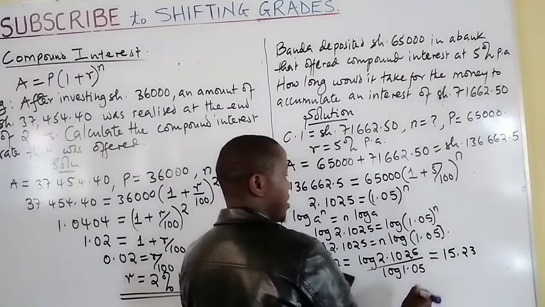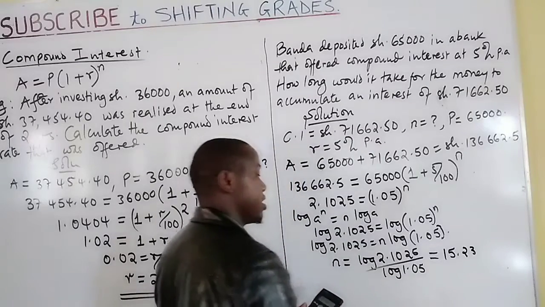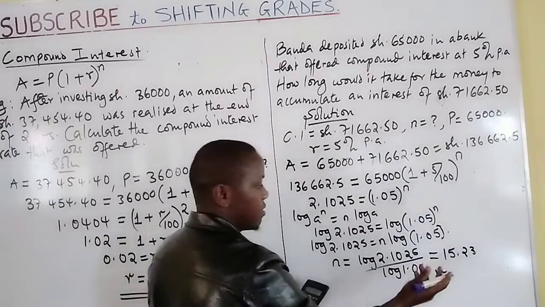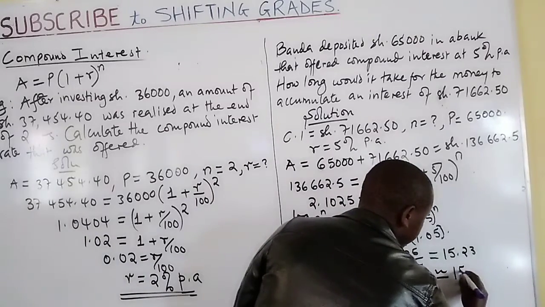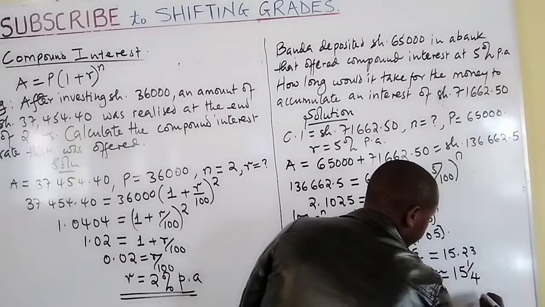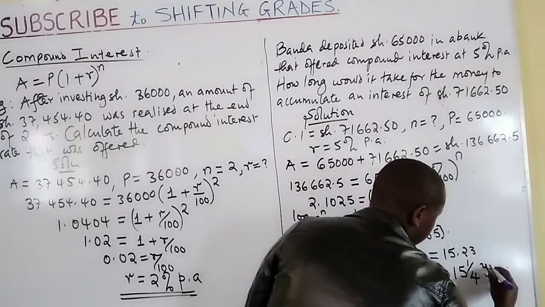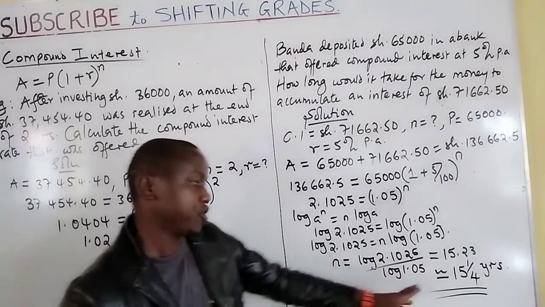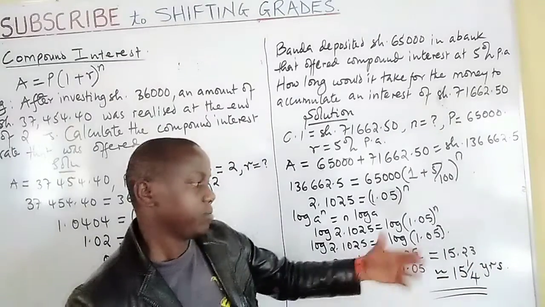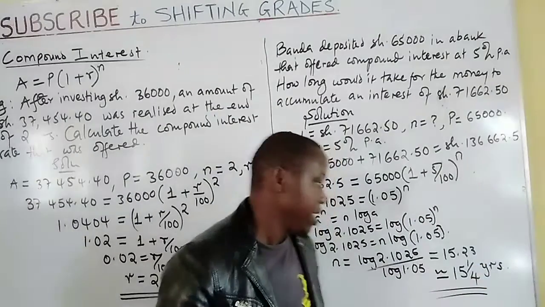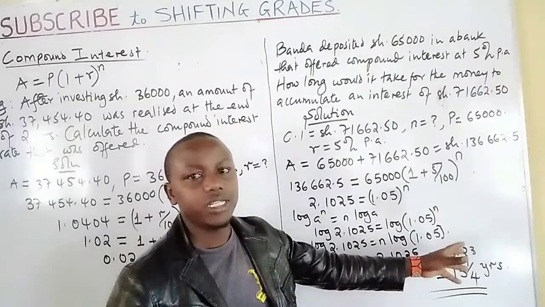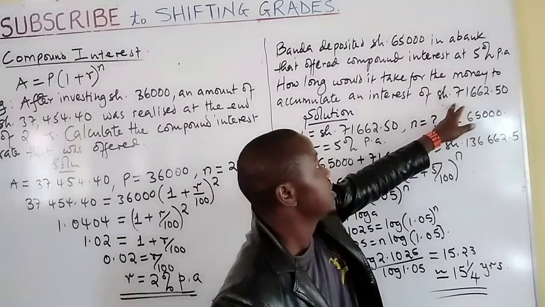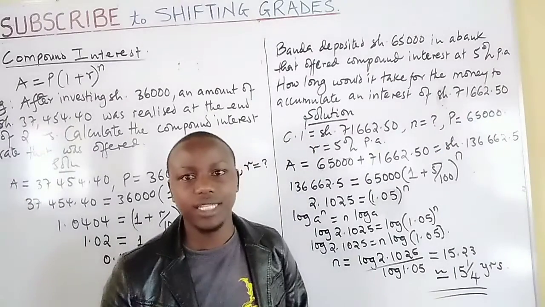So to accumulate this amount, it will be roughly 15 and a quarter years. When we use this symbol, we mean it's approximately 15, because 0.25 is a quarter, so we can say that around 15 and a quarter years will be taken for this interest to be accumulated in the bank.